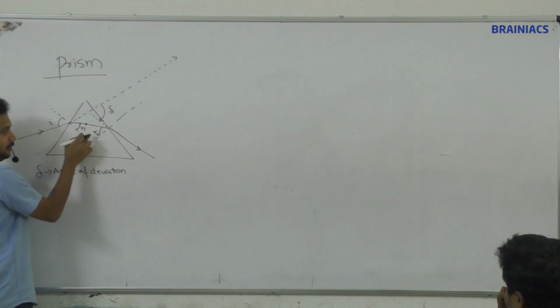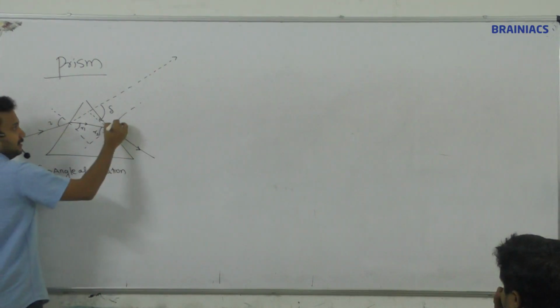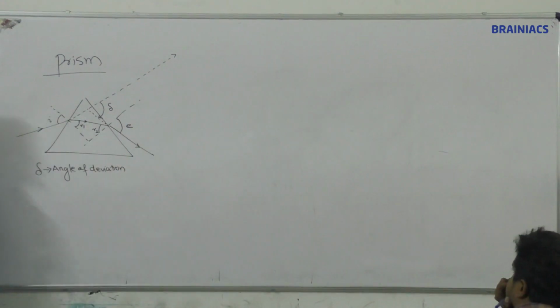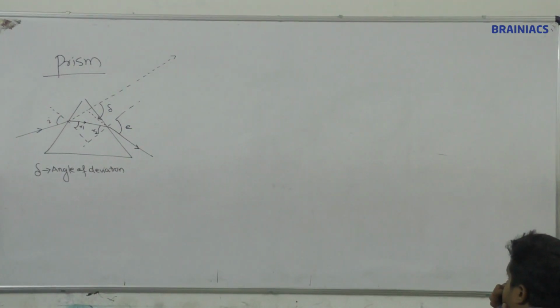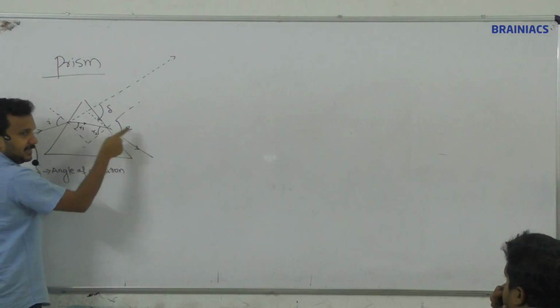This is actually an incident angle. Then the ray goes out, and this angle is the angle of refraction, called the angle of emergence, E. Everything is the same: angle of incidence, angle of refraction.